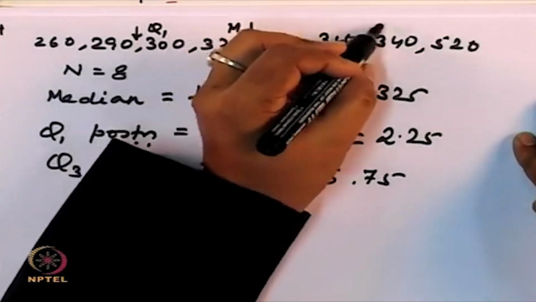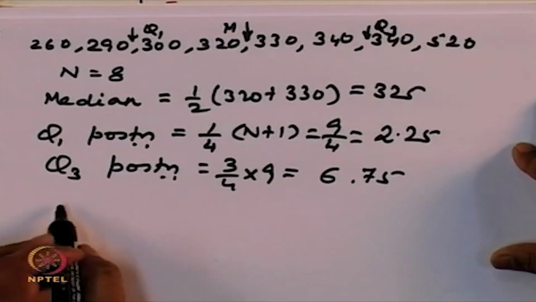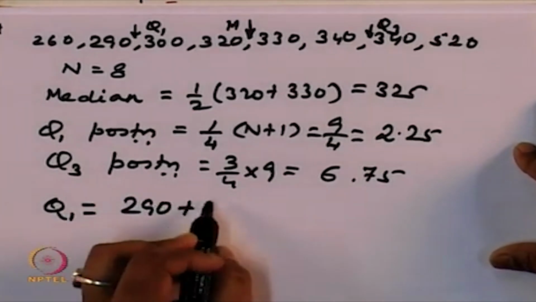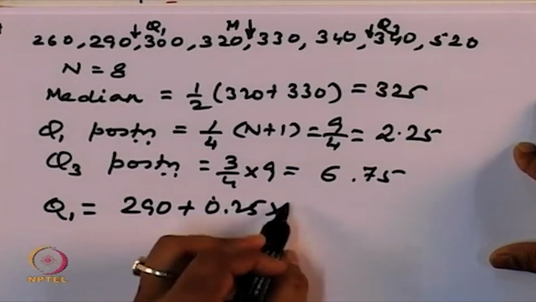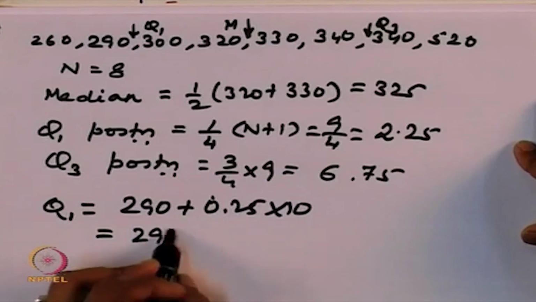So Q3 is going to be somewhere here. My Q1 value will be 290 plus 0.25 times 10, which is 290 plus 2.5, equal to 292.5.